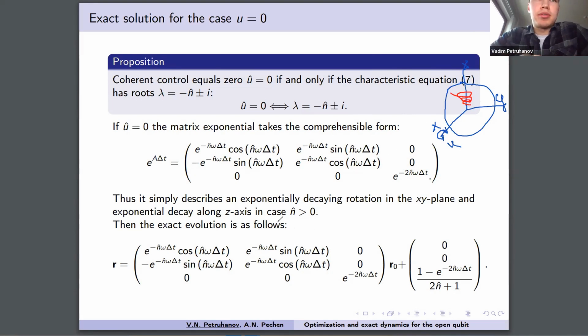But because the system is inhomogeneous, the evolution is the following, and we have here an additional part. So actually, it is dissipation to some stationary point that is 0, 0, and 1 divided by n plus 1.